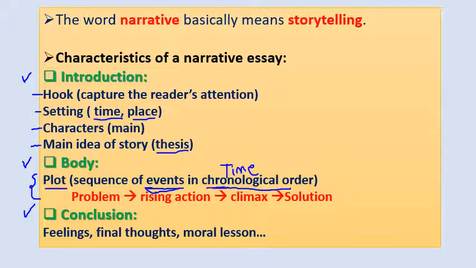The word chronological: when you see a prefix chrono or chron in any word, it means related to time. For example, the scientific word for a watch is a chronometer. So, writing a story in chronological order means you should write it in sequence of time.